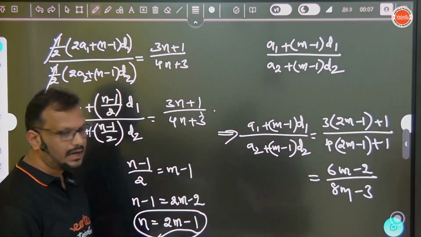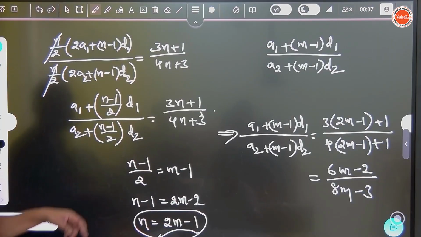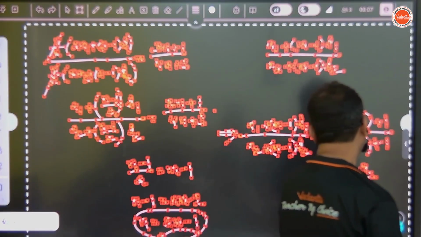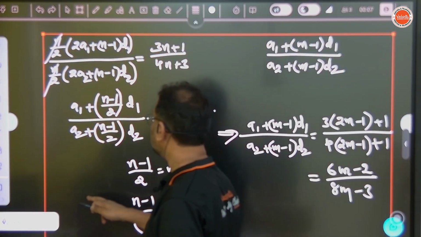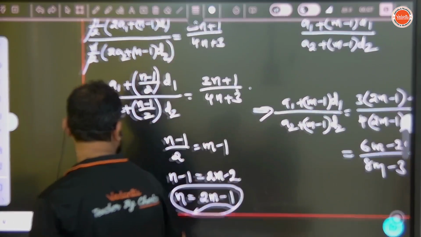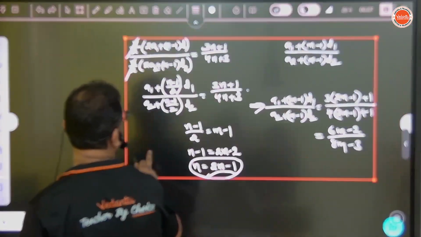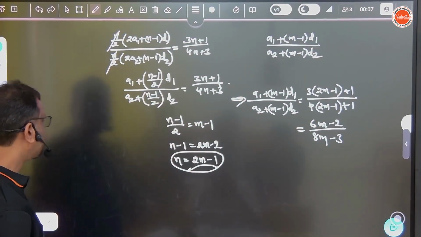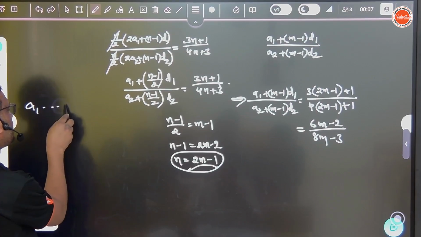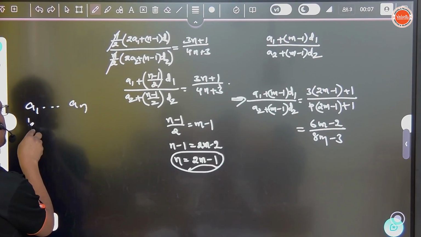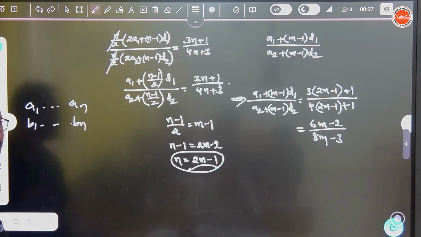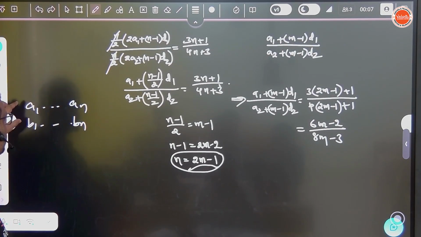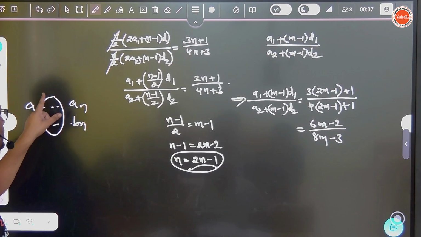For example, if I ask for the 50th term ratio. The ratio of the sum of n terms of two APs is 3n plus 1 by 4n plus 3. Then what is the ratio of, for example, a1, a2, a3 up to so on, an, b1, b2, b3 up to so on, bn? Some ratios. Okay, so the ratio of particular terms.